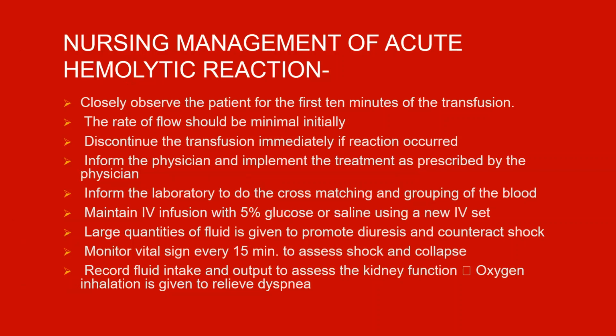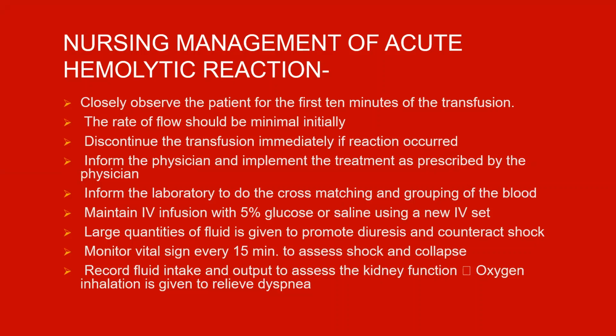Nursing management of acute hemolytic reactions: closely observe the patient for the first 10 minutes. The rate of flow should be minimal initially, and discontinue the transfusion immediately if a reaction occurs. Also notify the physician, inform the laboratory to do cross-matching and grouping of the blood, and give large quantities of fluid to promote diuresis and counteract shock.